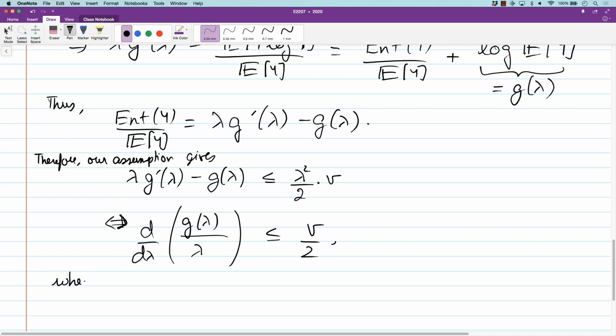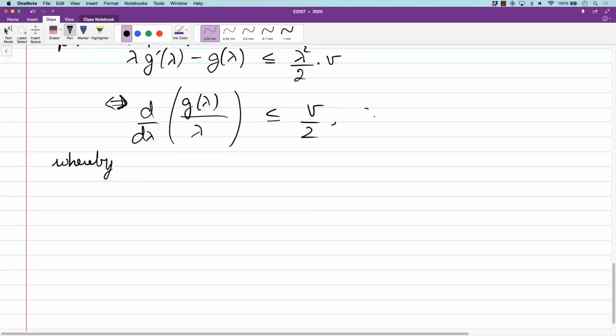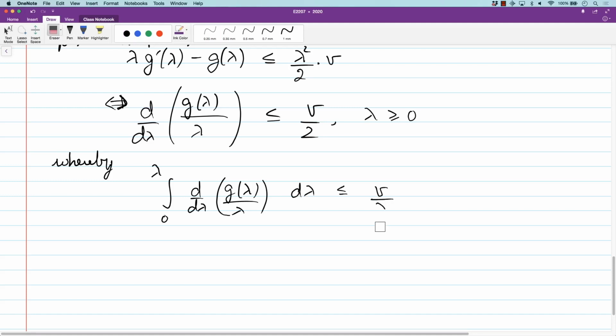So what do we get finally? This is true for all lambda greater than or equal to 0. So you can integrate from 0 to lambda of d by d lambda of g lambda by lambda, which is less than or equal to v lambda by 2.